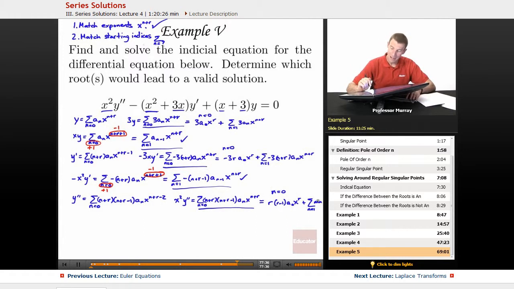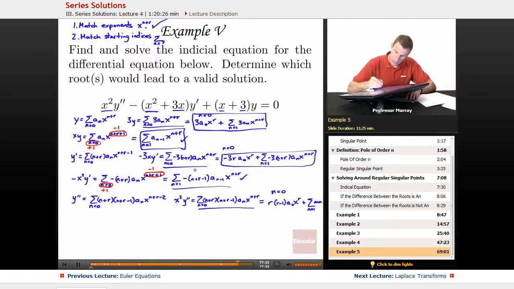And then I have to combine all of these series. So let me just indicate which of the series I have to combine. I have to combine that and that and that and that and this. And let's see how that plays out.